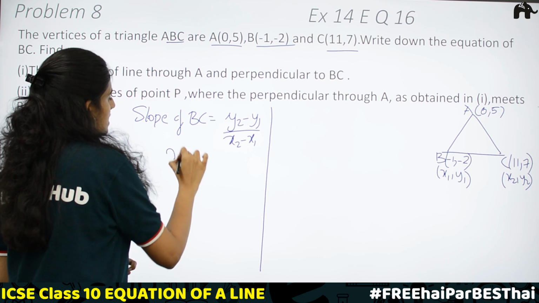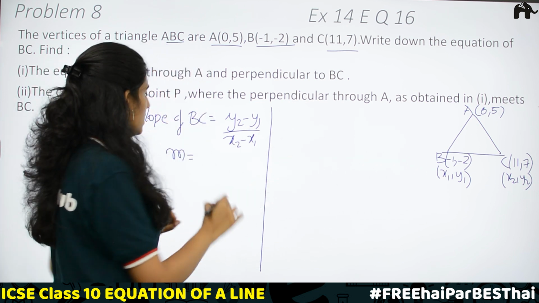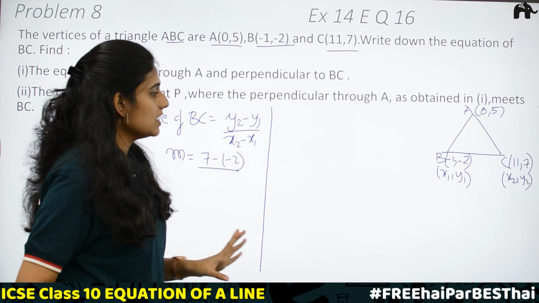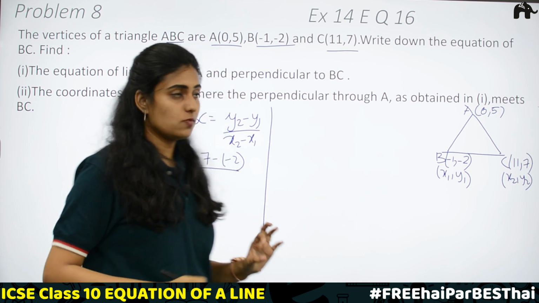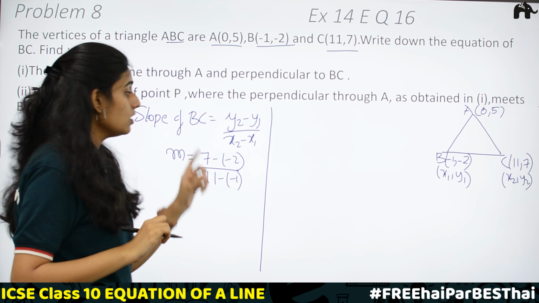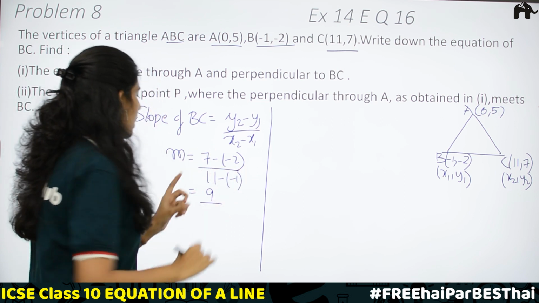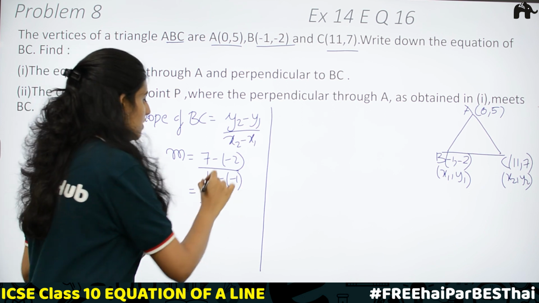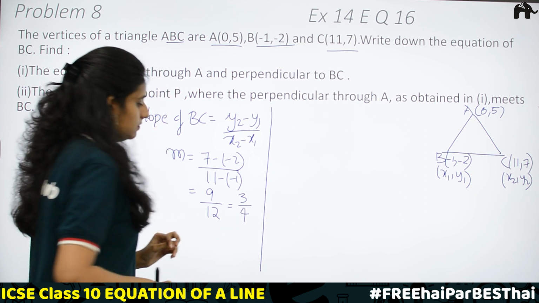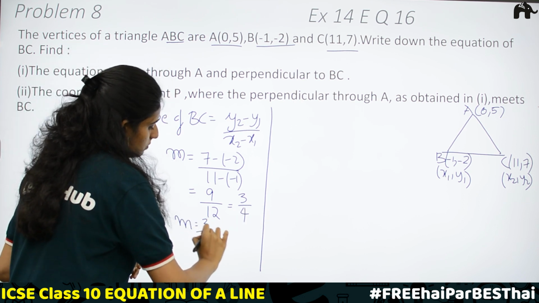That is slope m is equal to, here y2 is 7 and y1 is minus 2. 7 minus of minus 2 divided by x2 minus x1, x2 is 11 and x1 is minus 1. 11 minus of minus 1, that is equal to 7 plus 2 which is 9 divided by 11 plus 1, 12. That is 3 divided by 4. Okay, we got the slope m is equal to 3 by 4.